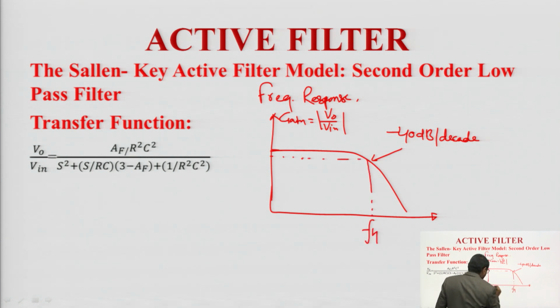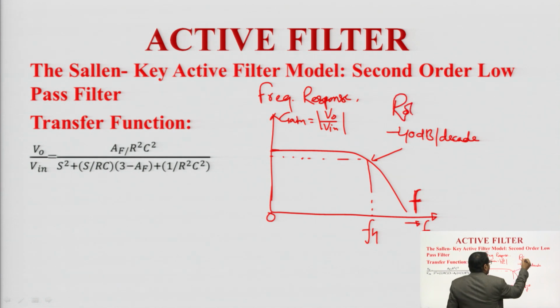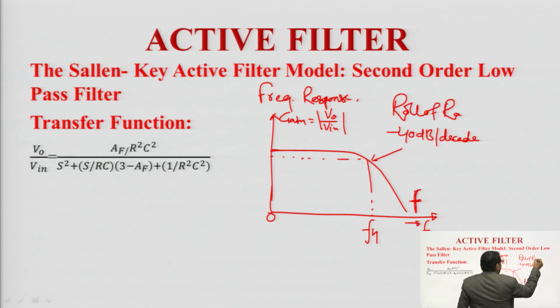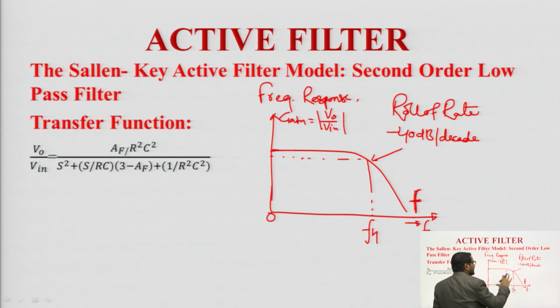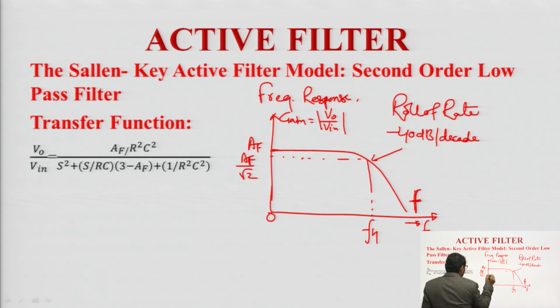Here is f_H. This is the frequency f, and this is the frequency versus gain curve. The roll off rate is minus 40 dB per decade for a second order filter; for a first order filter it is minus 20 dB per decade. This is A_F, and at the cutoff frequency the gain is approximately A_F by root 2.